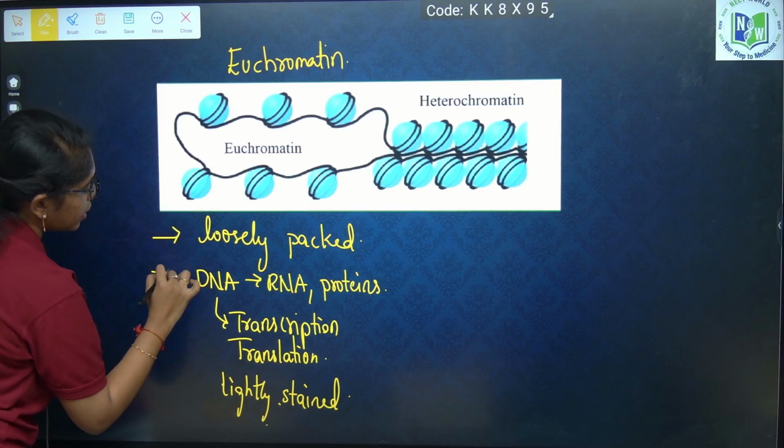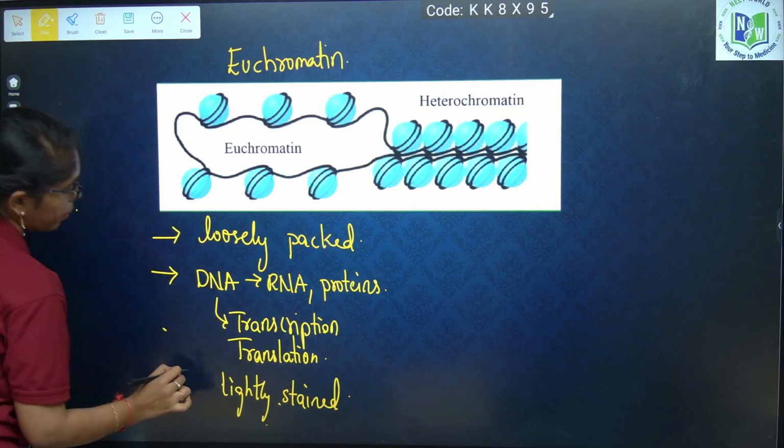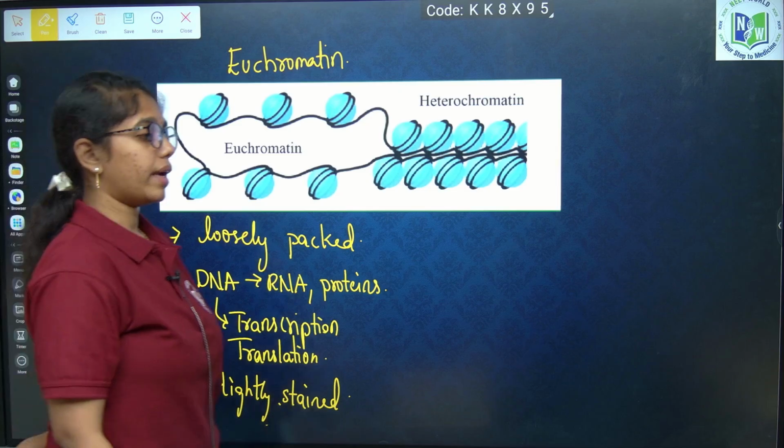These are the 3 important points you have to remember with respect to euchromatin.